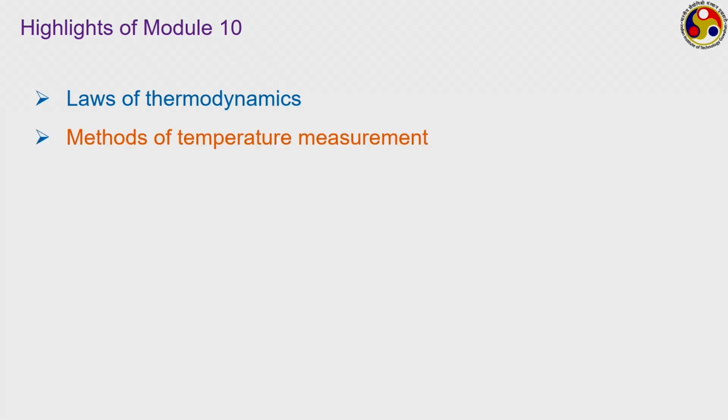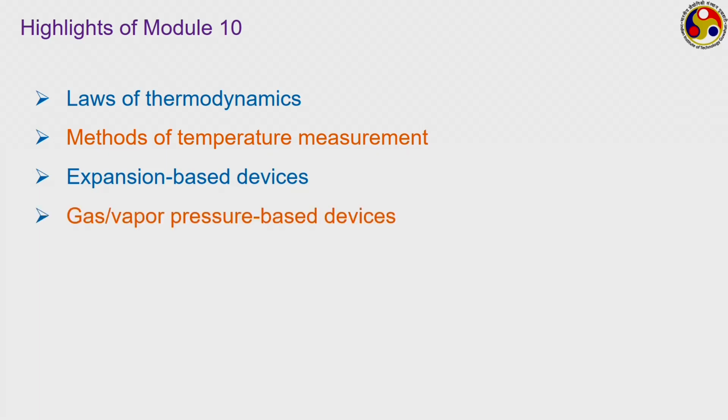Then we categorized the temperature measuring options into 5 different categories, out of which we discussed the expansion based devices in the form of liquid in glass thermometer and bimetallic strips. Then we talked about the gas vapor pressure based devices in the form of pressure thermometer. Then we discussed 4 different types of electrical devices, which are all very common: RTDs, thermocouples, thermistors, and diode based or IC based sensors.